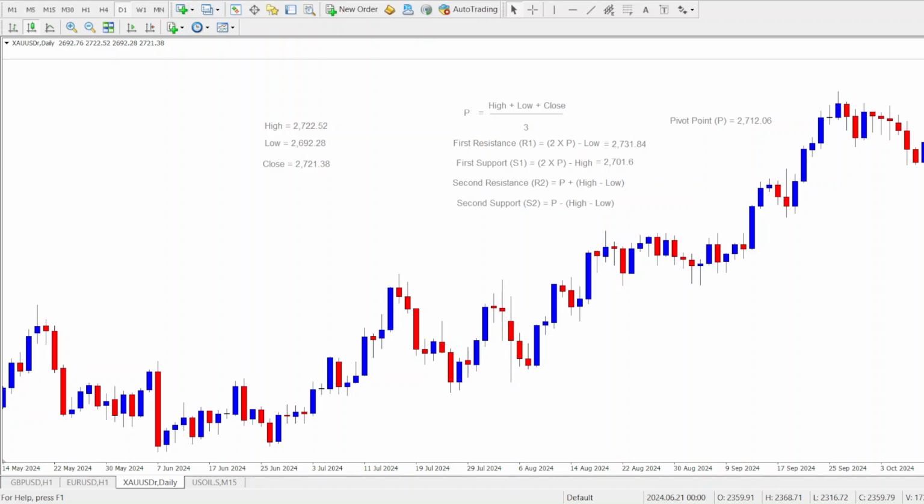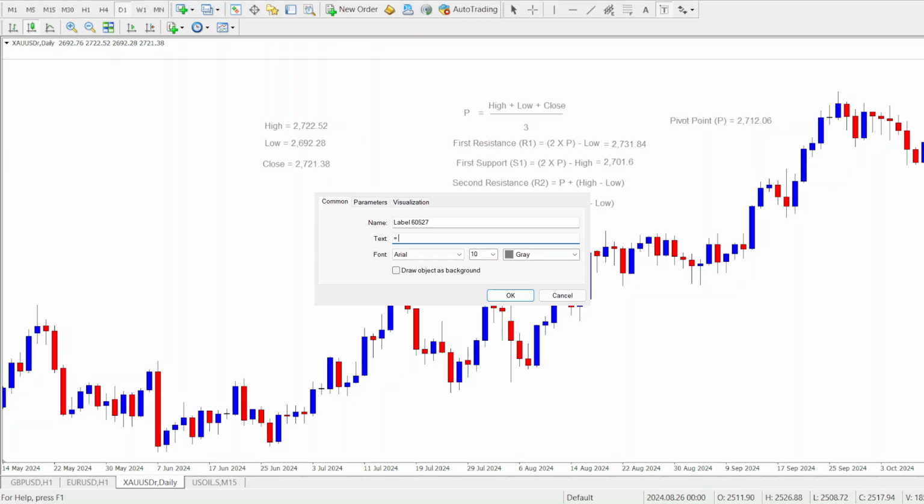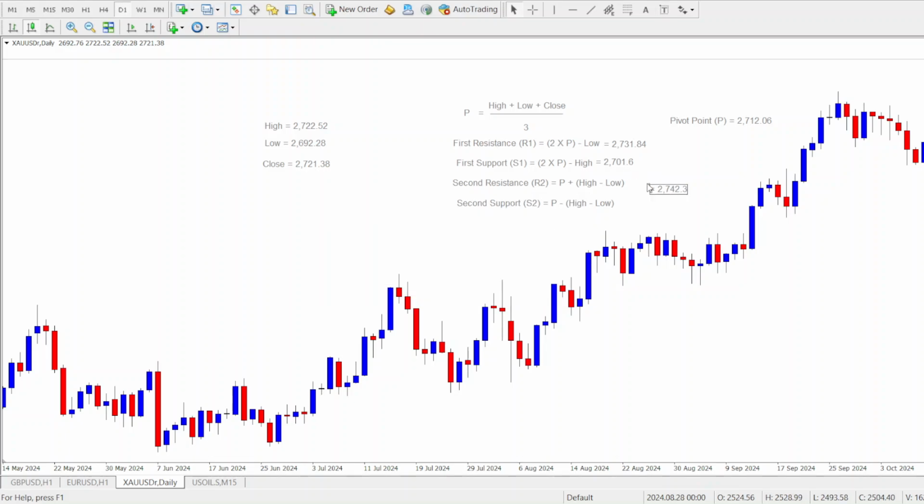Now adding the pivot point to that, plus 2712.06, we're going to be having 2742.3. So that becomes our second resistance.